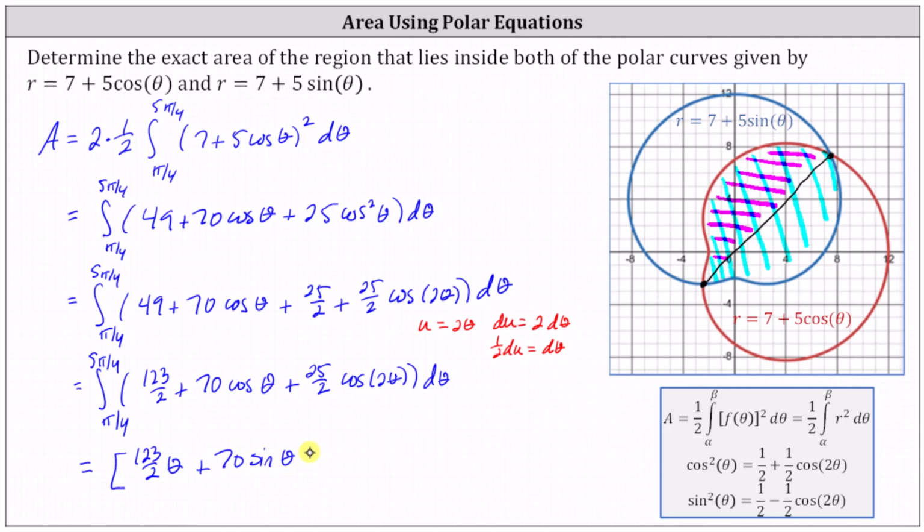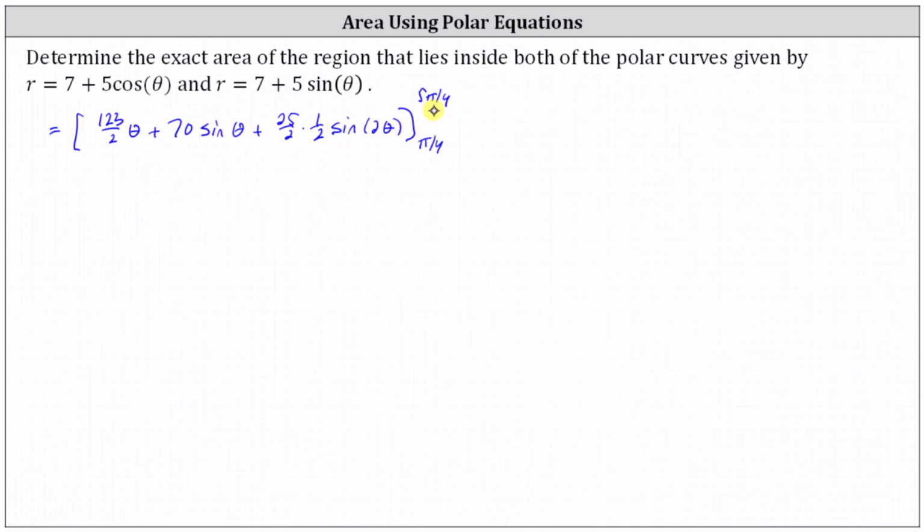Then we have plus 25 halves times the integral of cosine 2 theta, which again, performing substitution, we would have 1/2 cosine u du, or the integral of this, which gives us 1/2 sine u, which is really 1/2 sine 2 theta. Let's continue on the next slide.